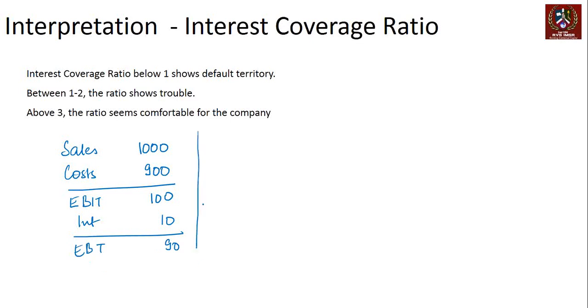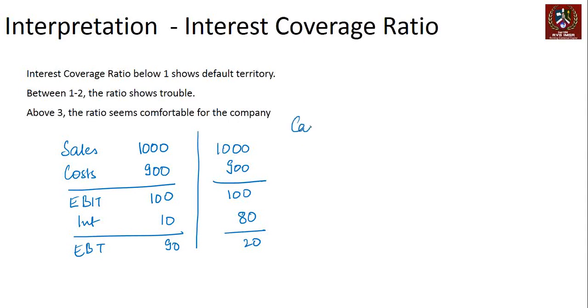Compare this to another company that has everything else the same till here, but has an interest component of 80, and we're left with EBT of 20. Now take the case where the company's sales dip a little bit.